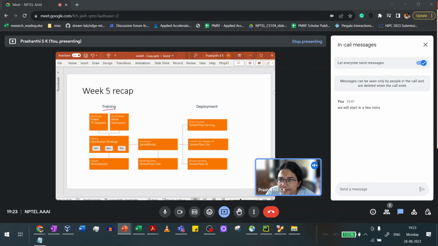So, from the perspective of training, TensorFlow offers various ways to design a model, one of which is using Keras and estimators. From the perspective of data, you have TF datasets, and you've seen a lot of functions and parameters that you can use with tf.data.